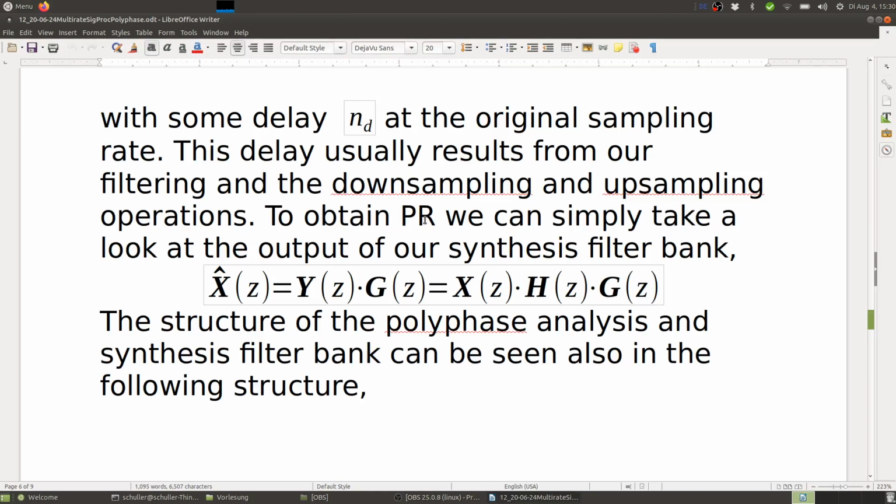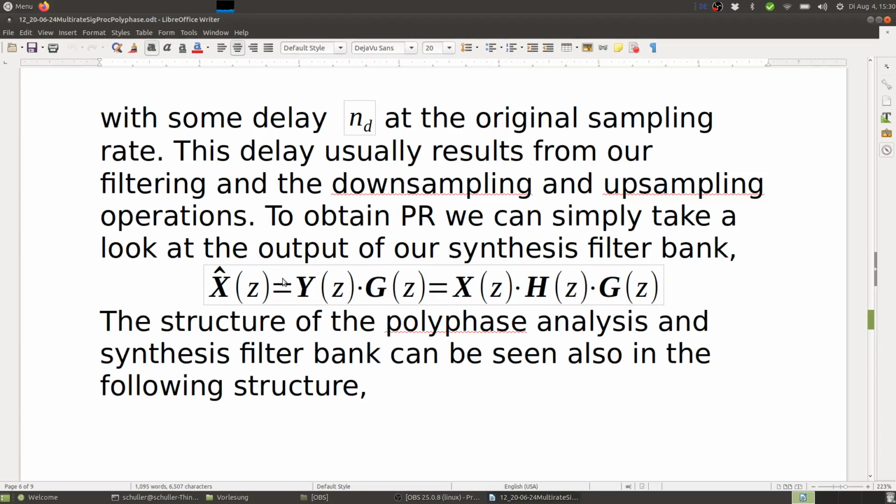To obtain perfect reconstruction, we can simply take a look at the output of our synthesis filter bank. So here we have the output of the synthesis filter bank, x hat, which results from multiplying y, the subband signals, with a polyphase matrix for the synthesis G of z.